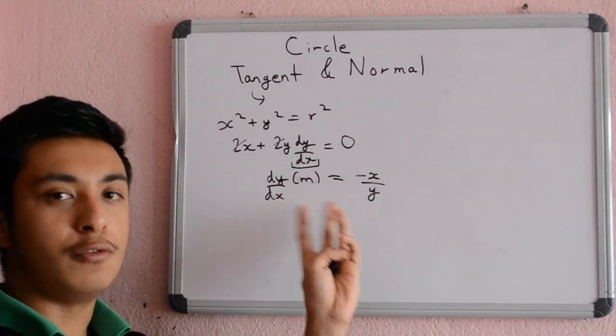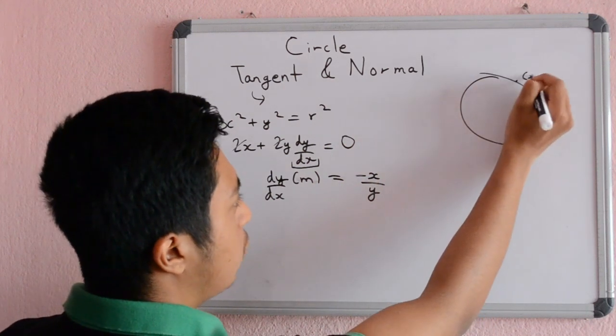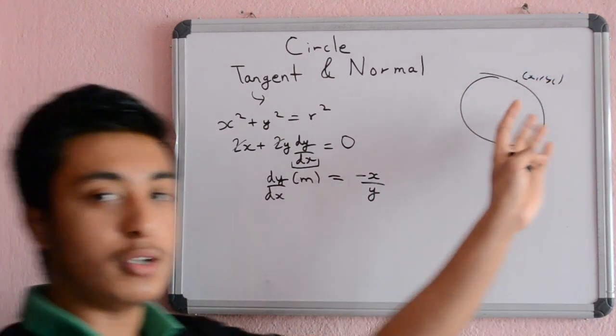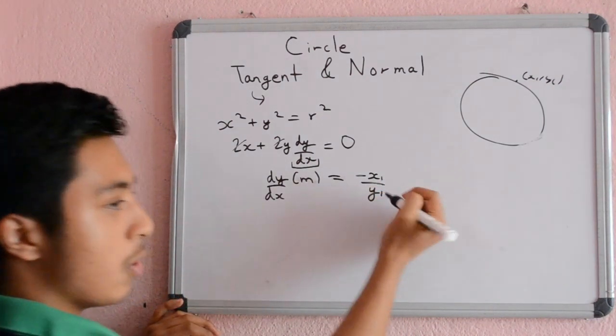Now this is for the general form, but what about a point on a circle, x1 comma y1? Very bad drawing, I know, but it is what it is. It will be x1, y1.